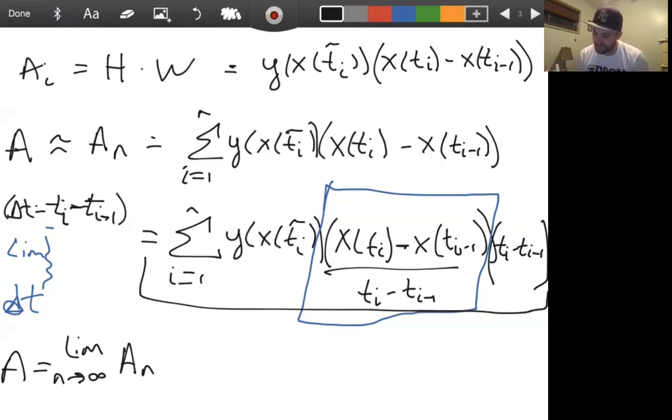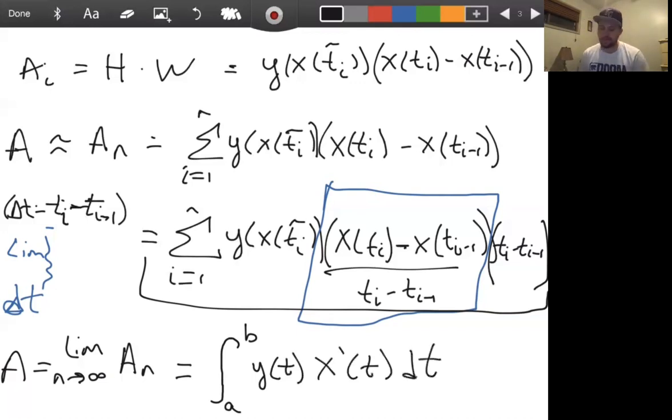And if we take that limit, well, then that's the integral from a to b of y of t times x prime of t dt, right?